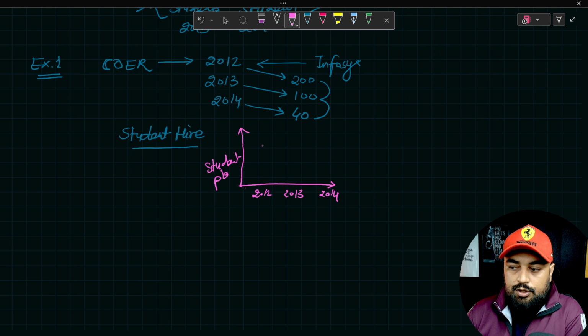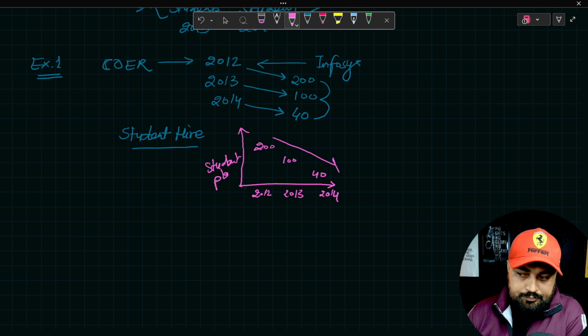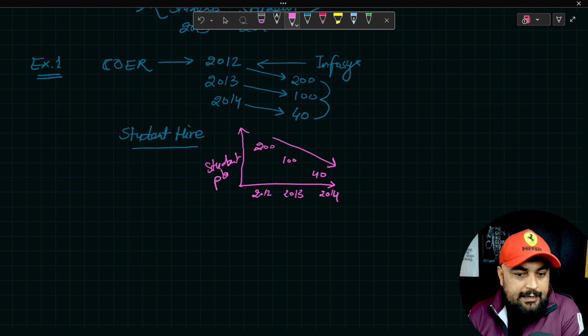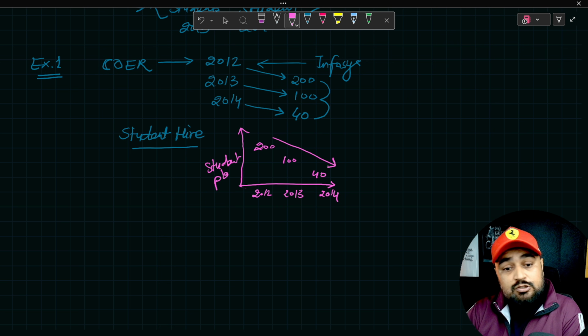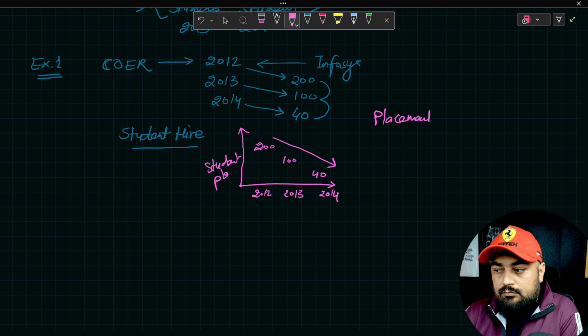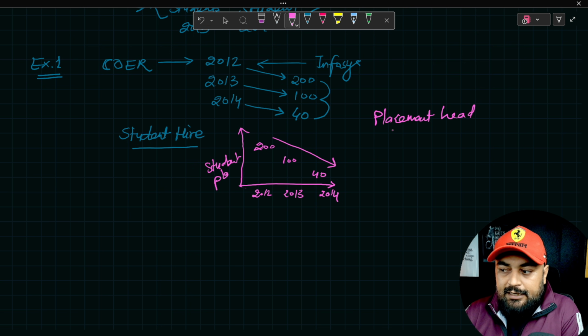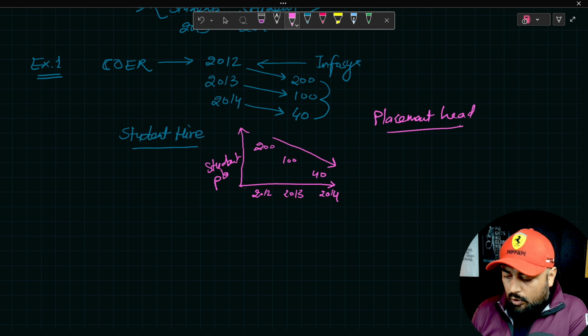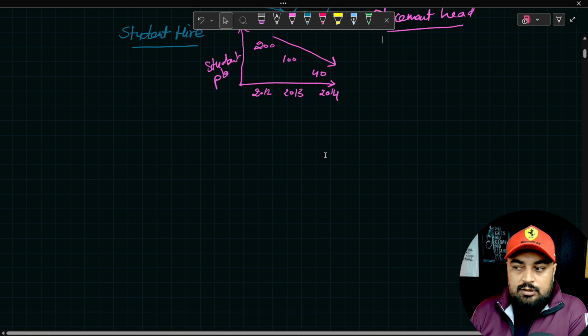So if you see the count, 200, then 100, then 40. So there is a decline here. This sharp decline is noticed by your placement officer. Every college has a placement head. Now that placement head will see that there is a decline in our college placement graph, so we need to do something about it.